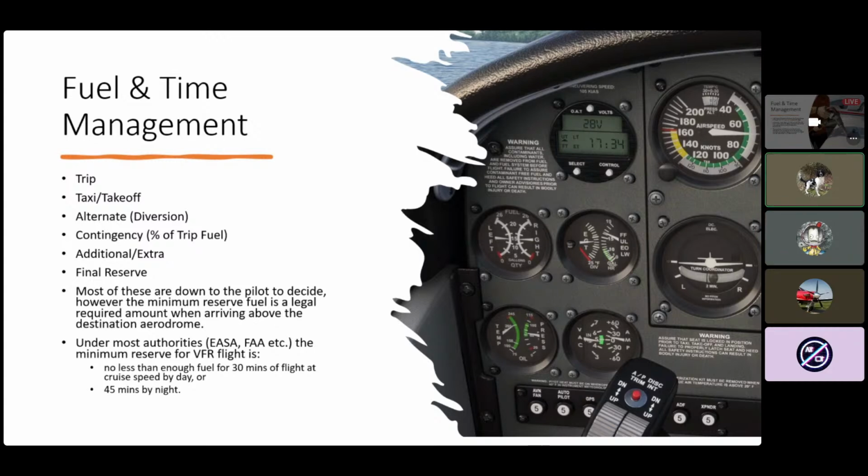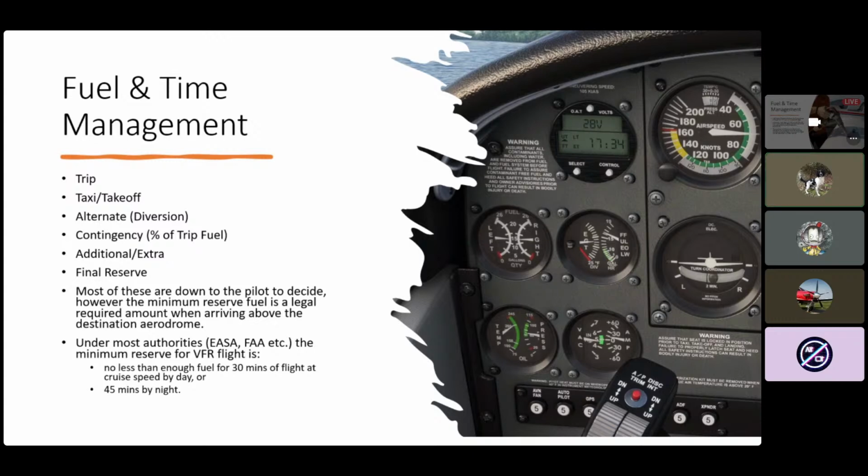So you must arrive over your destination with no less than 30 minutes of fuel remaining in the tanks, or 45 minutes if it's a night flight. So it's fairly unambiguous, fairly robust, not much to really question. So that's what you're planning. You need to make sure you arrive with at least that amount. Otherwise, you're breaking the rules. And you're also flying unsafely.